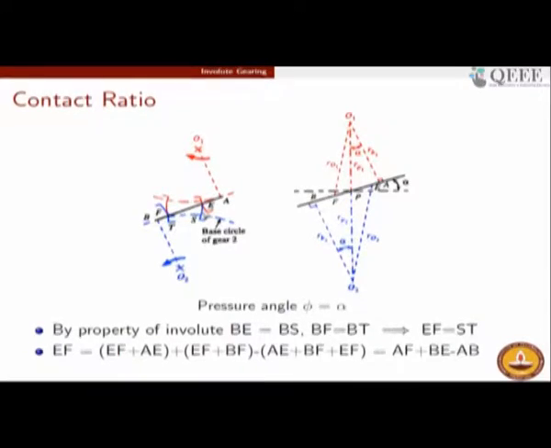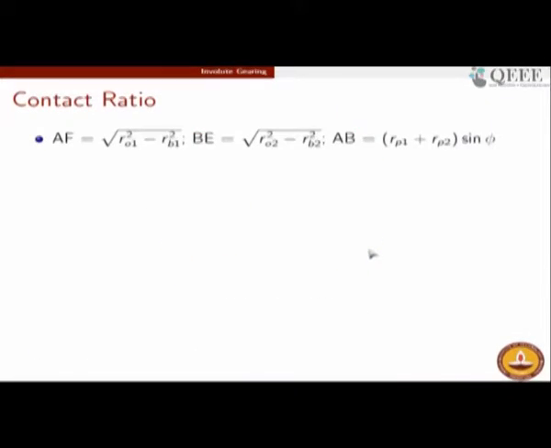Now O2E is the addendum circle radius of gear 2, and O2B is the base circle radius of gear 2. So BE, which is this line segment, is going to be hypotenuse square minus base square, which is square root of RO2 square minus RB2 square. So these are the two formulas for AF and BE.